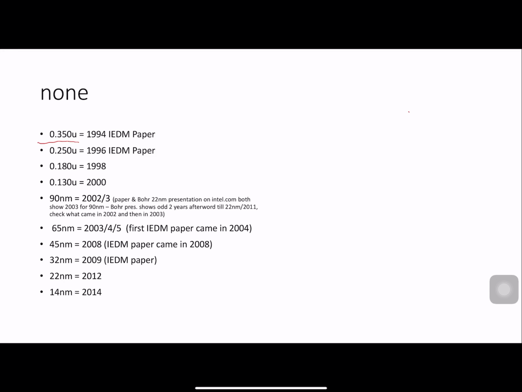Now all this information is available to the public and published in IEEE papers, so it's nothing confidential here. I mean, I work for Intel, but there's nothing confidential here. And it was so interesting for me to see how they were able to scale every 2 years.